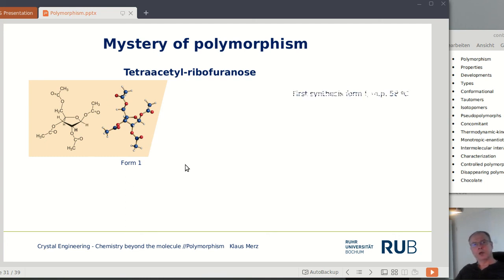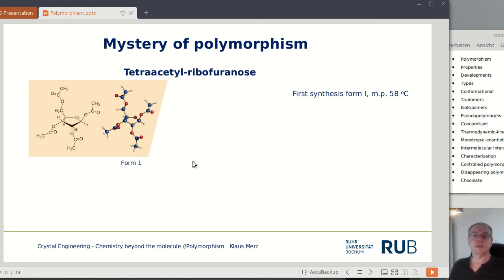This form 1 was observed at the beginning, at the first synthesis of this compound, and it has a melting point of around 60 degrees. It was possible to repeat this synthesis, and I got this form 1 several times.